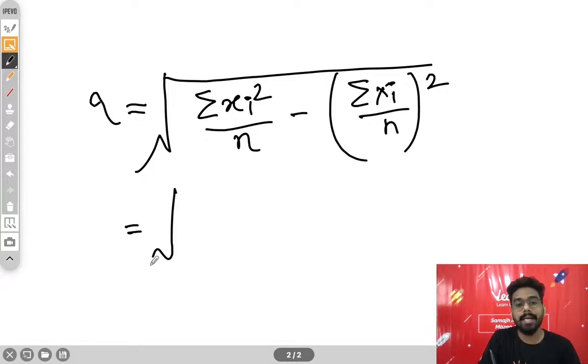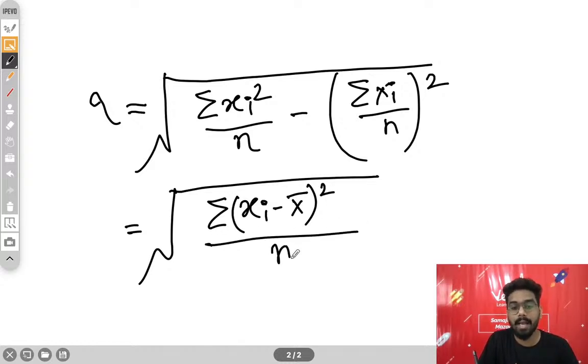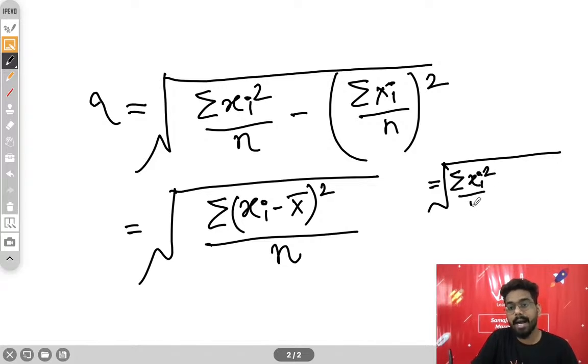Or you can write it in the form of summation of xi minus mean whole square, deviation from the mean, divided by n. Or you can write it as summation of xi square by n minus mean square. There are three forms of the standard deviation that you should know.